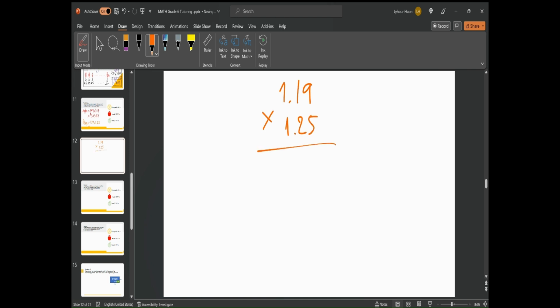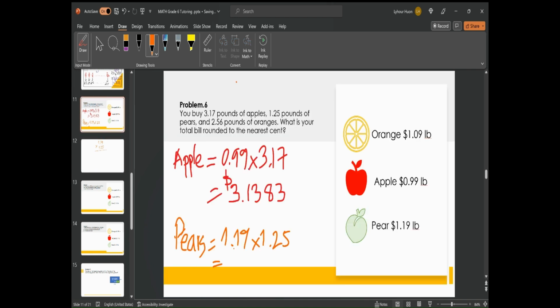The result: correct. 14875. That is correct. Yay, that is correct finally.